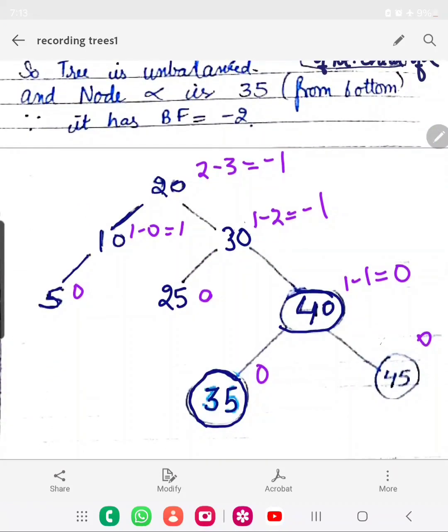So this is how we get rotating alpha to the left. 35 rotated to the left, 40 comes up. The right side of 40 was 45 and left becomes 35.